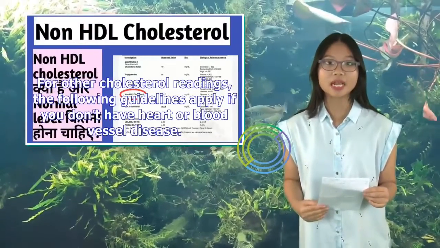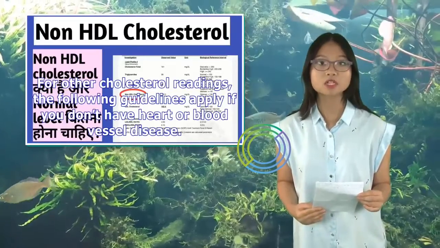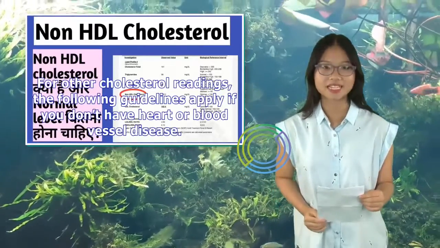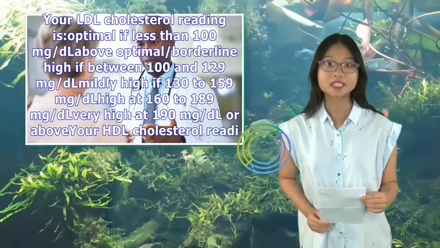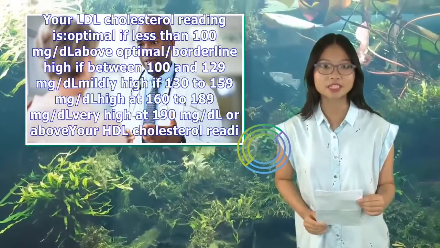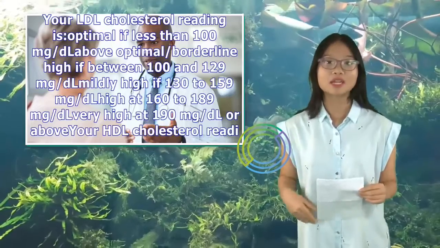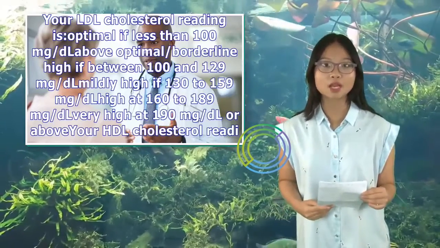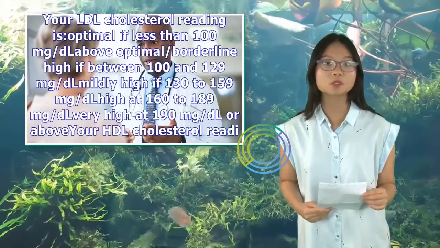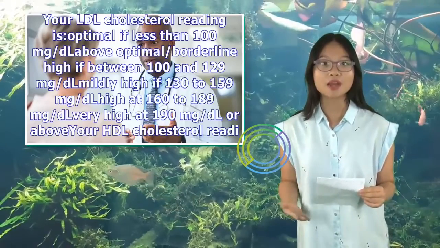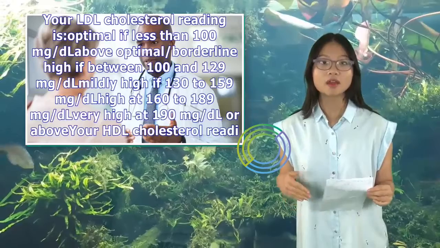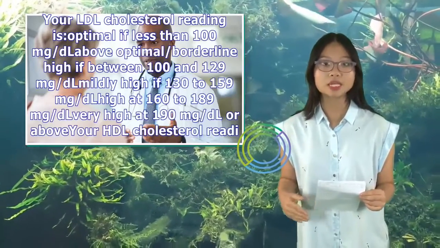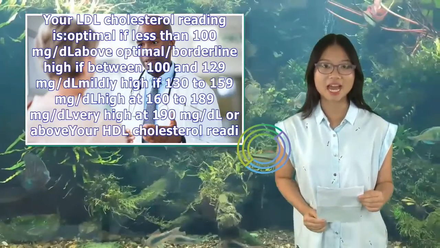For other cholesterol readings, the following guidelines apply if you don't have heart or blood vessel disease. Your LDL cholesterol reading is optimal if less than 100 mg/dL, above optimal/borderline high if between 100 and 129 mg/dL, mildly high if 130 to 159 mg/dL, high at 160 to 189 mg/dL, very high at 190 mg/dL or above.